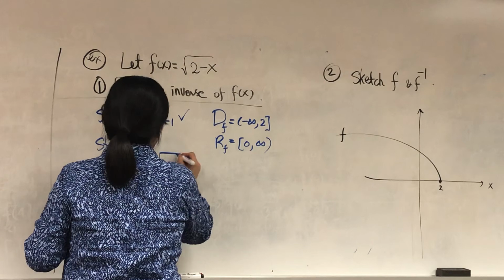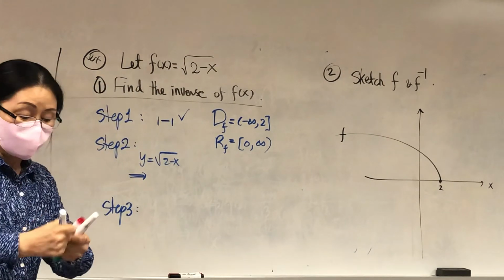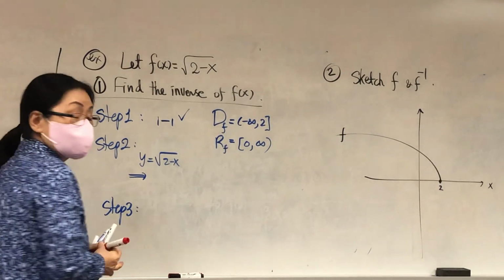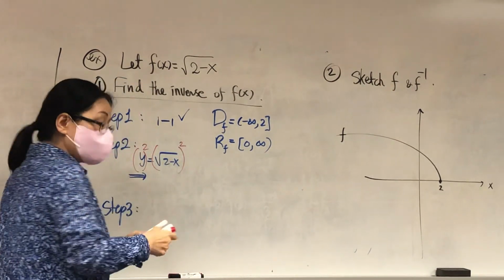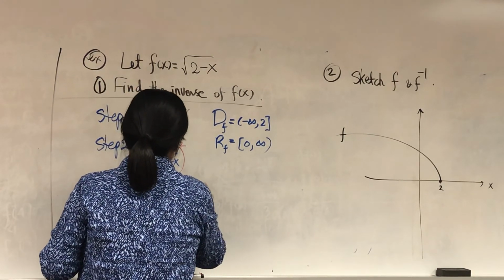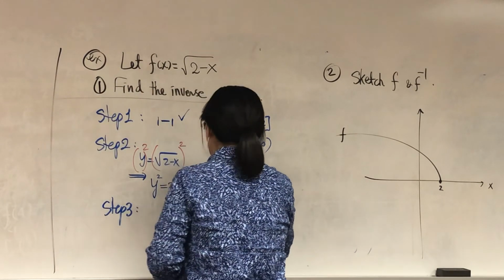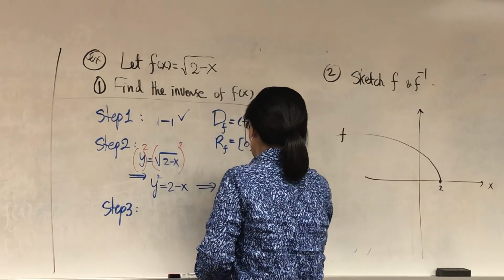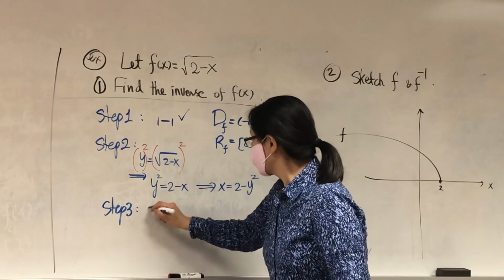How to isolate x? Square both sides. Am I right? And then this one becomes what? So, switch it.